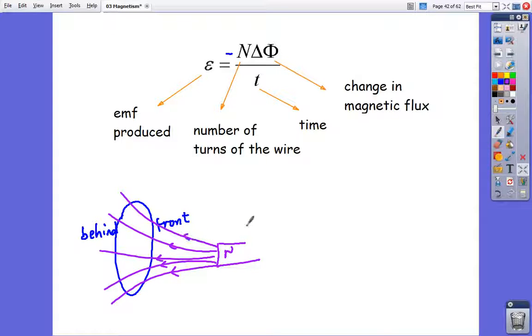If it is moving here with velocity v, the magnetic flux going through this wire will be increasing, right? Because it is increasing, it will oppose the direction of the increasing magnetic field. It will create the direction here, like clockwise. So if it is increasing, it will be clockwise. If it is decreasing, it will be counterclockwise, something like that.